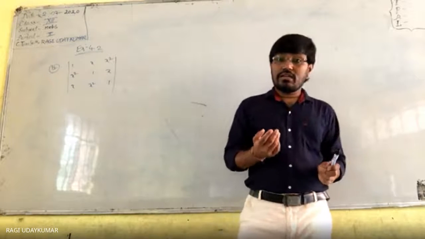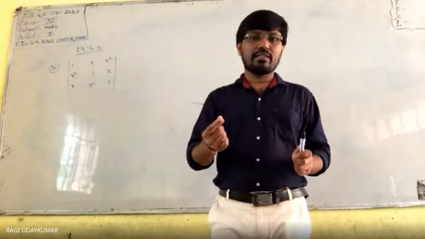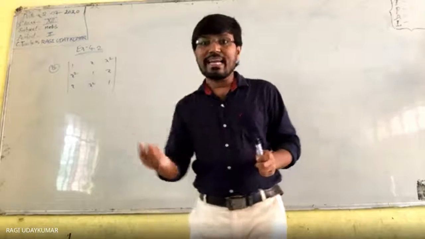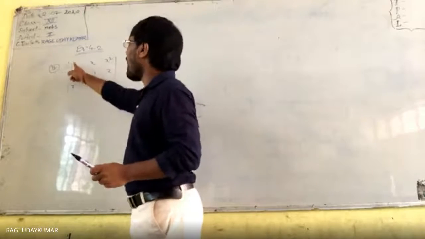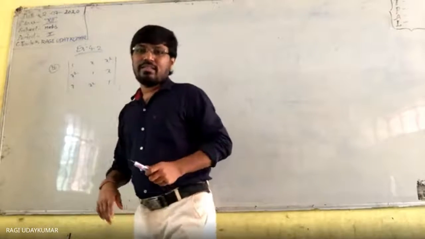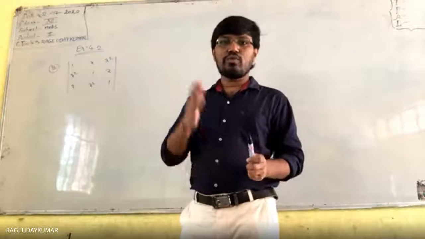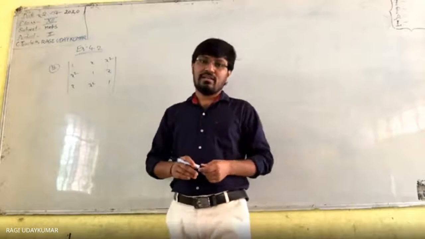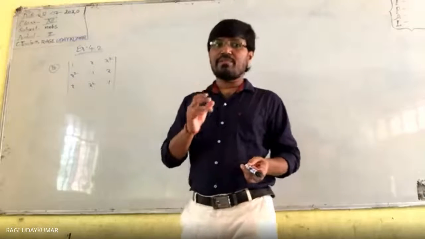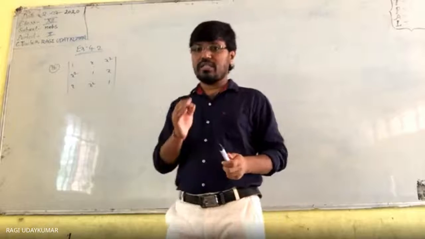If you see that some elements in the determinant are in a cyclic order, see here 1, x, x square, then x square, 1, x. If you add these three, C1 tends to C1 plus C2 plus C3, then in column 1 everything becomes 1 plus x plus x square. So such types of models will also be there. If you add 3 rows or 3 columns, observe that.